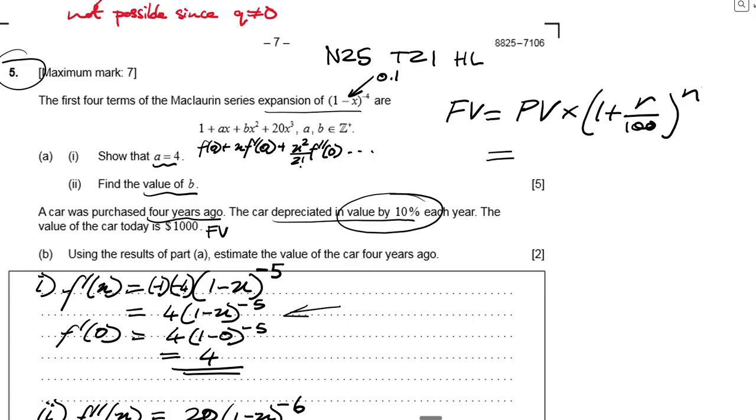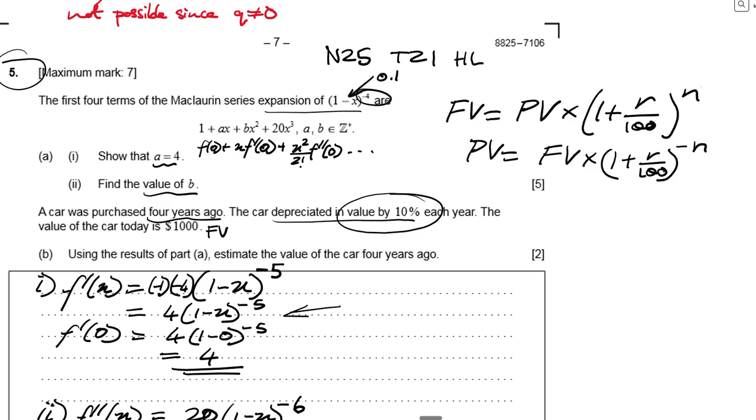And what we have is a discount rate, so this would be negative. And what we need to find is our present value. So present value is equal to, this becomes the inverse, so we have future value times discount rate to the power of negative n.